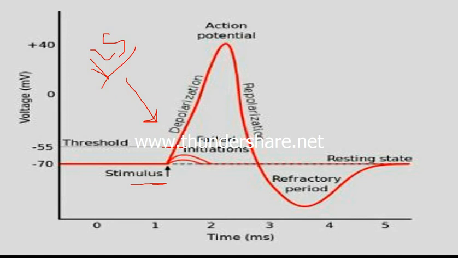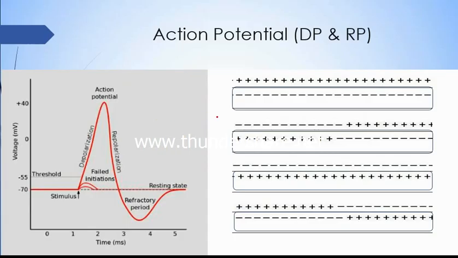It means the normal resting membrane potential is at this point, but when some special stimulus increases its potential and brings it to a point in which a very small stimulus can depolarize the cell, this point is called the threshold potential. You can easily see it at this point.